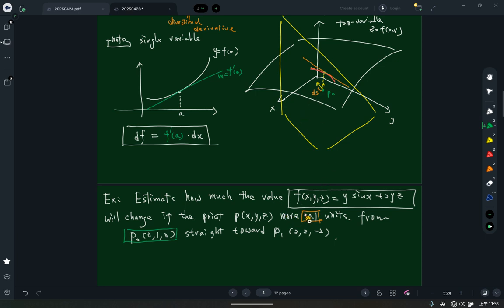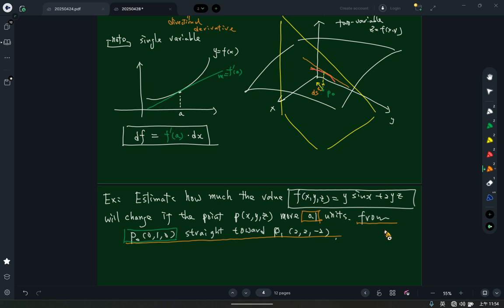And move how much? Small move is 0.1, and P0 is here. And you can see there is hidden information here from P0 straight toward P1.